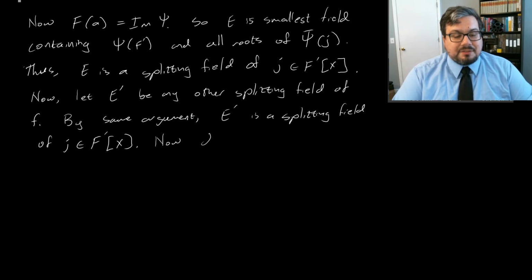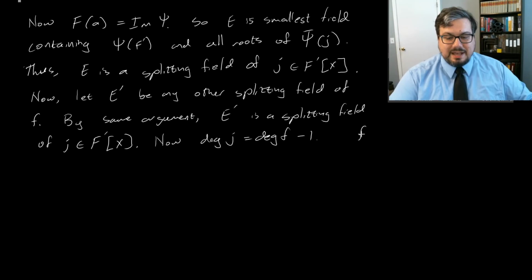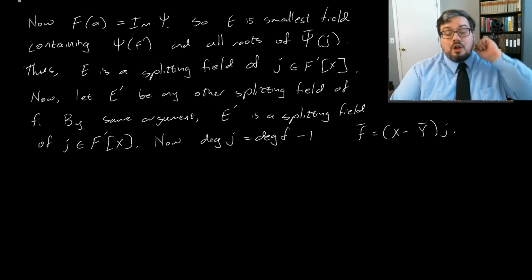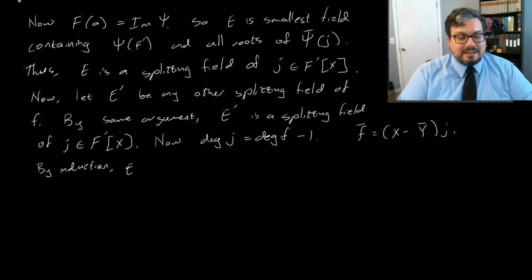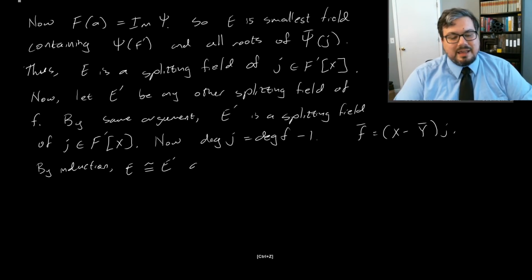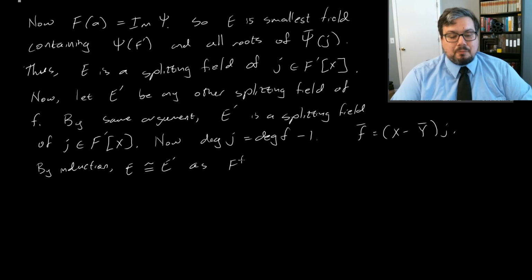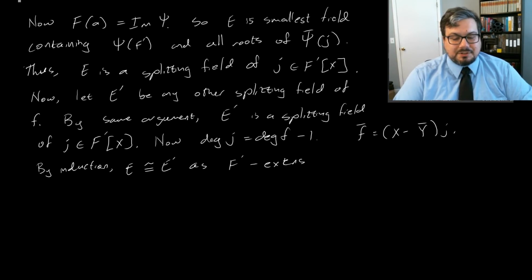Now we have that the degree of J is equal to the degree of F minus 1, because we had that F bar is equal to X minus Y bar times J. So by induction, this means that E and E prime are isomorphic as F prime extension fields.